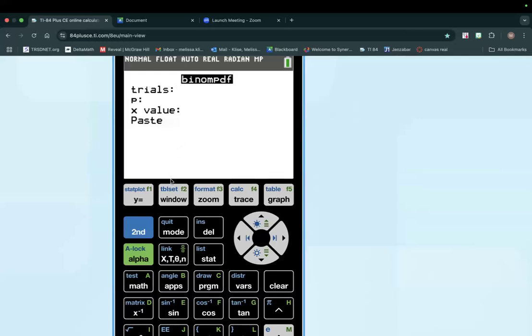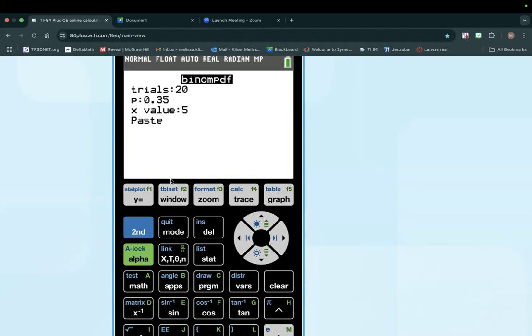So our number of trials, it's 20 because we're randomly selecting 20 car owning households. The probability that they own 3 or more cars is 35%, so I put 0.35. And then the number of successes I'm looking for, I want exactly 5.